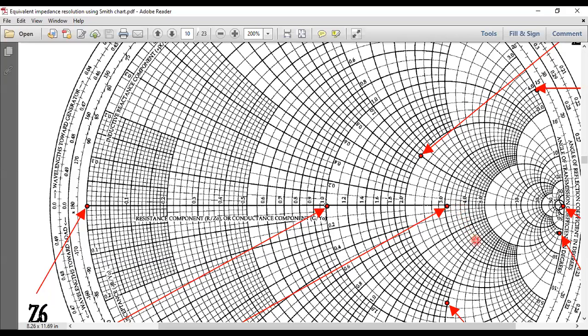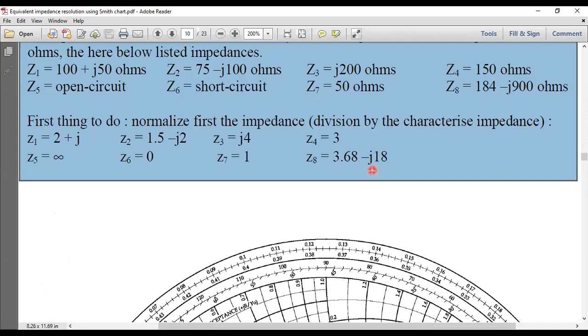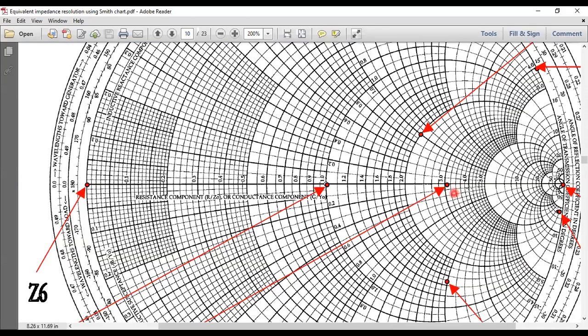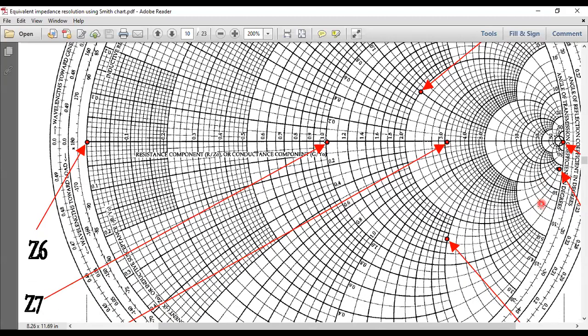Now 3.6 says plus or minus, what is the value? It is minus 18. 3.68 minus 18. Now between here 3.68, you will go here and this way near to this thick line, the line of 4. So you are going near to this, and now what are you looking for? You are looking for 18. So where will you get 18?